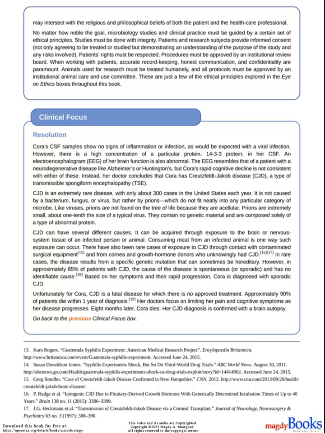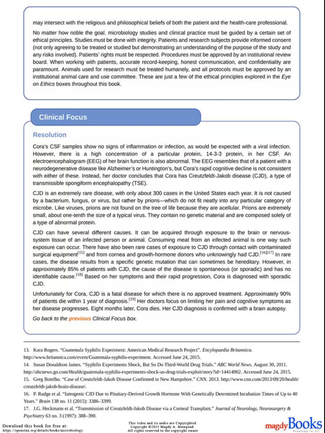In rare cases, the disease results from a specific genetic mutation that can sometimes be hereditary. However, in approximately 85% of patients with CJD, the cause of the disease is spontaneous, or sporadic, and has no identifiable cause. Based on her symptoms and their rapid progression, Cora is diagnosed with sporadic CJD.